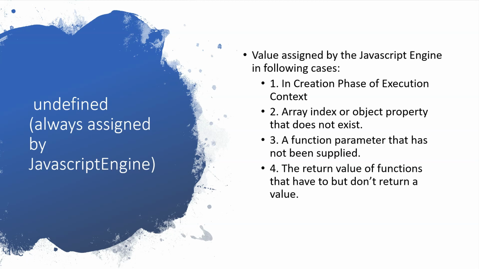Or a function parameter that has not been supplied, but you try to console log that parameter, undefined will be set by the JavaScript engine. And in the case of the return value of functions, if you have not set any return value, undefined will be set.